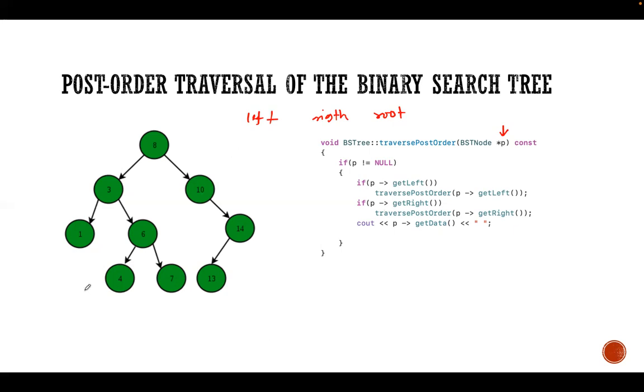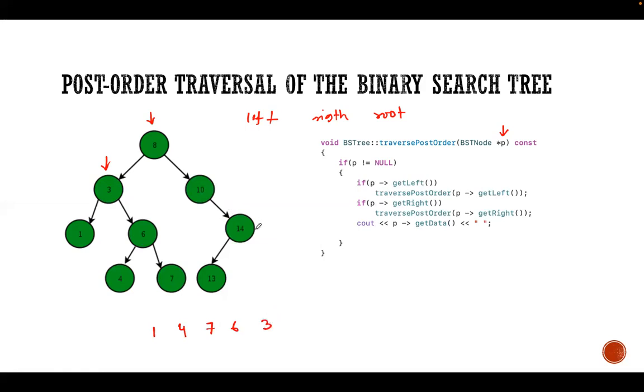So here, this is our root. Go to the left, and we'll do the post order with this left subtree. It will look like left, right, root. So it will look like left 1, right. Here we are going to print 4 7 6, then root 3.